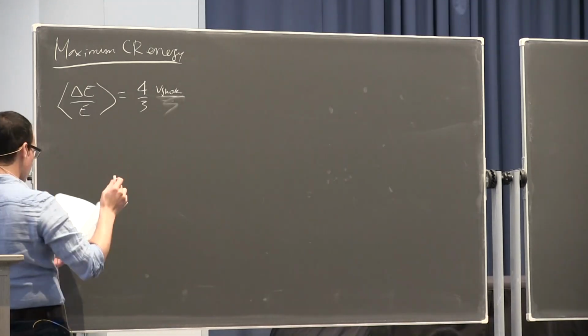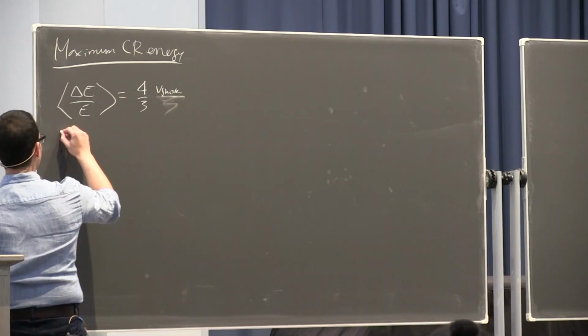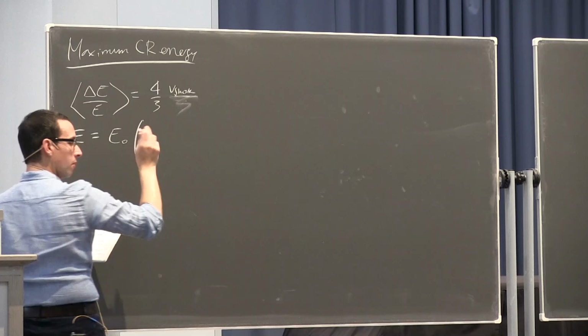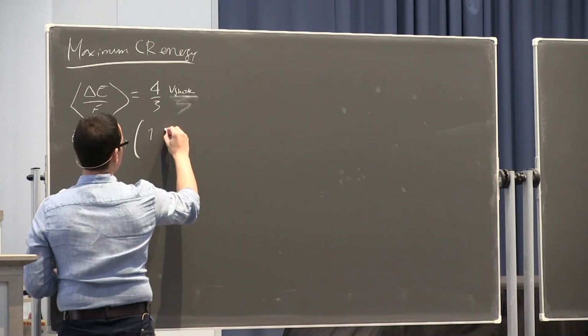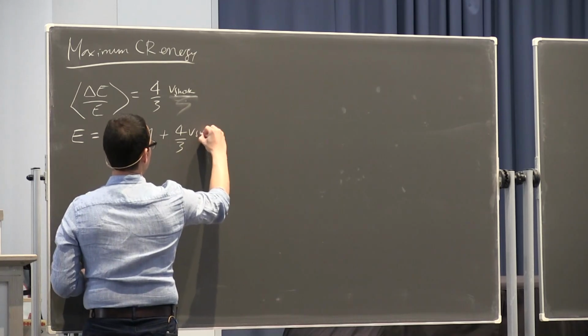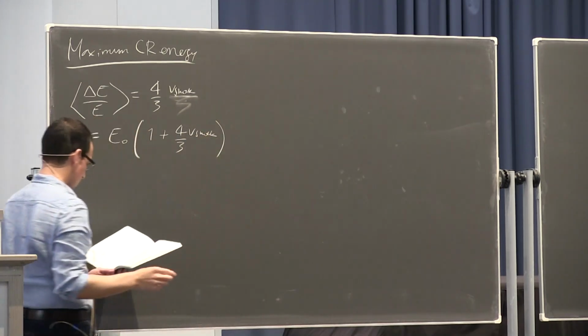And that means that when you cross one time and your initial particle energy is zero, then once you cross, on average, you will have an energy that is 4/3 V shock larger than you had it originally.